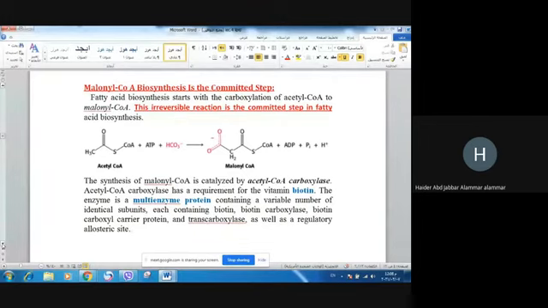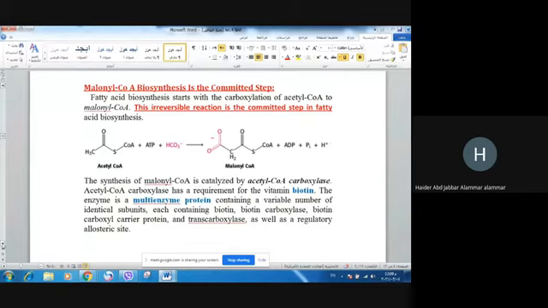So fatty acid biosynthesis starts with carboxylation of acetyl coenzyme A, and this is an irreversible reaction called the rate limiting step or committed step in fatty acid biosynthesis. In every metabolic process, there is a committed or rate limiting step. Here, the rate limiting step is the conversion of acetyl coenzyme A to malonyl coenzyme A, and this reaction is catalyzed by an important enzyme called acetyl coenzyme A carboxylase.